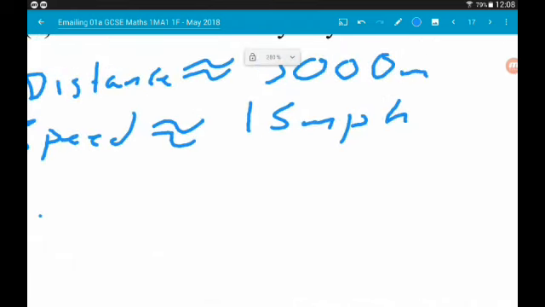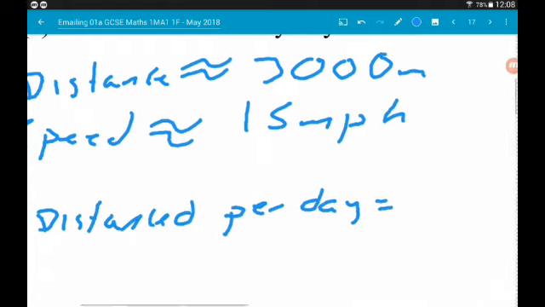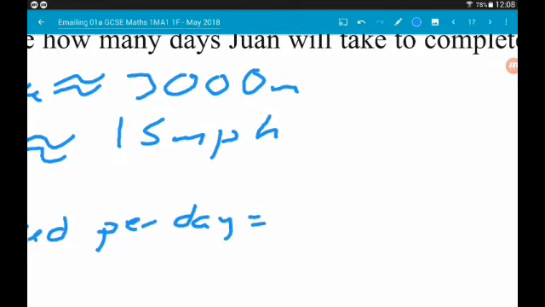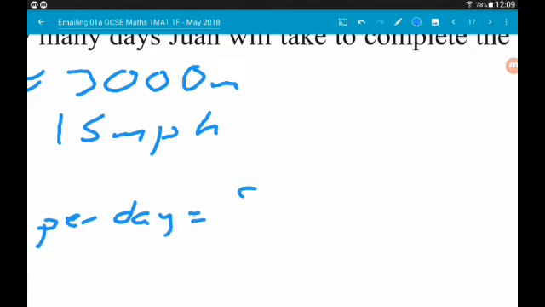So the distance per day, well, if he's going at 15 miles per hour and he's travelling for 8 hours a day, he is going to get 8 times 15 miles per day.